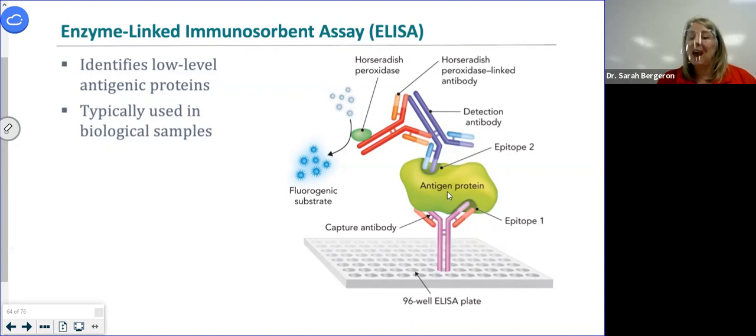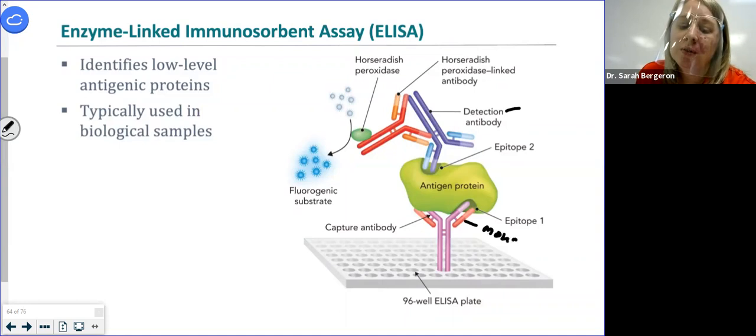In the ones that have captured an antigen, there is another antibody that binds to the same antigen, but at a different epitope. Okay, so this is called the detection antibody. Now, the detection antibody might be a mouse antibody. Remember how we did that? And then I'm going to say, if it's actin, I'm looking for actin.